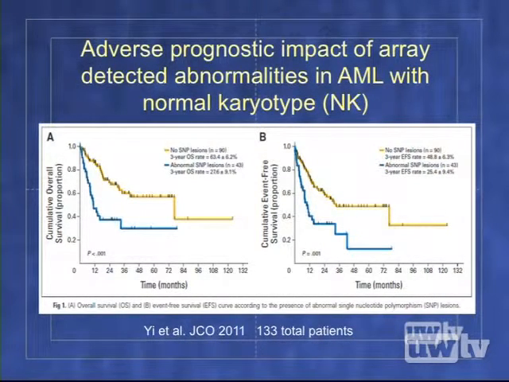You have this yellow line showing patients without any array-detected abnormality, and the blue lines showing the patients with array-detected abnormalities. The overall survival is shown on the left, and the event-free survival on the right-hand side. The survival of patients is definitely much poorer with array-detected abnormalities.